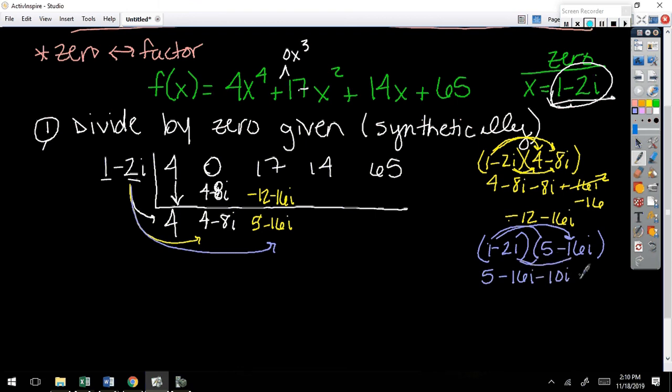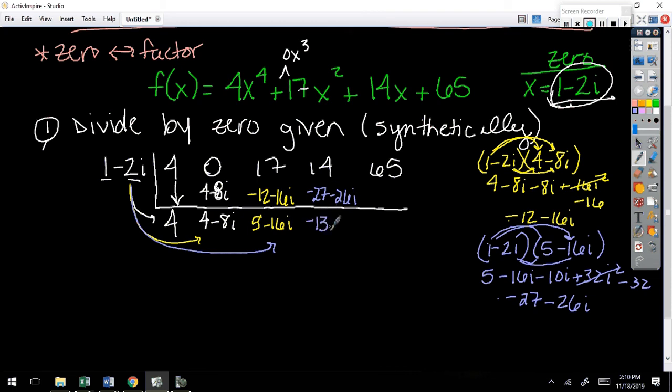Again, this becomes negative 32, and this simplifies down to negative 27 minus 26i. When I add these columns together, I get negative 13 minus 26i.